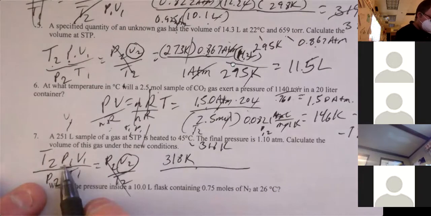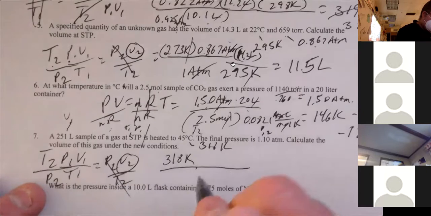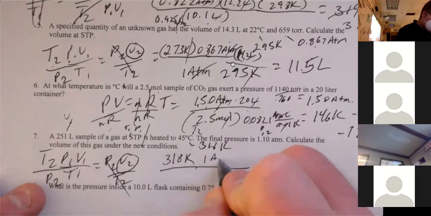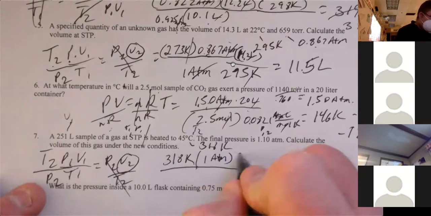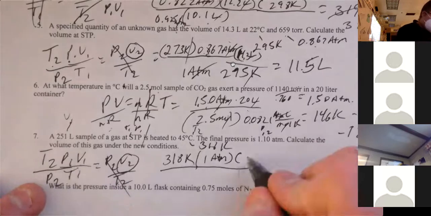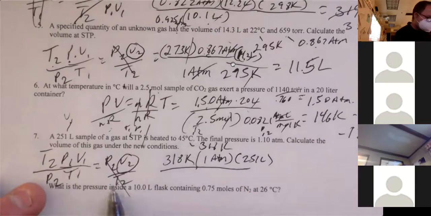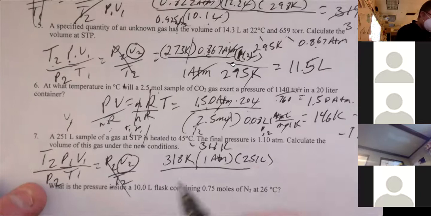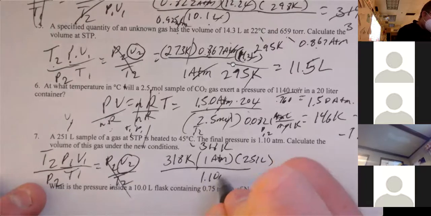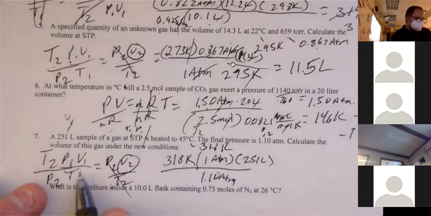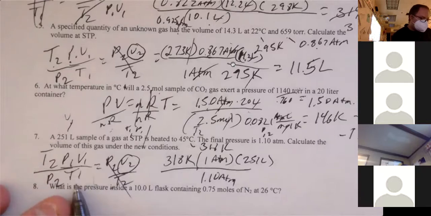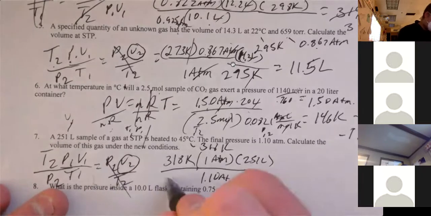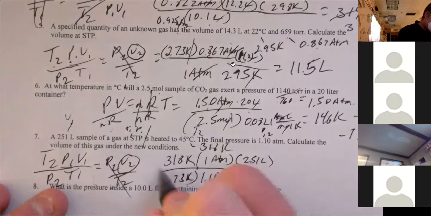P1 is standard pressure of 1 atmosphere. V1 is 251 liters. P2 is 1.10 atmosphere. T1 is standard temperature, so that's 273 Kelvin.